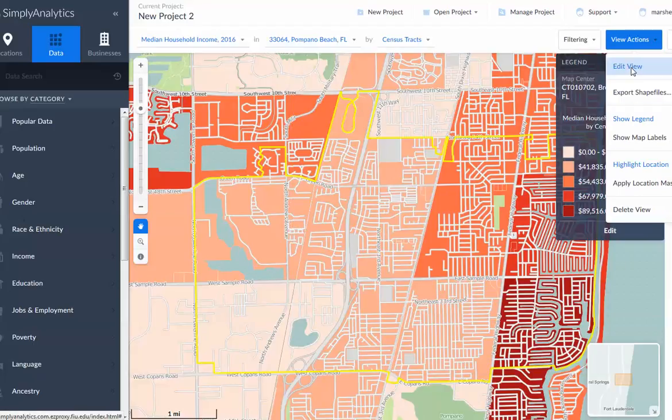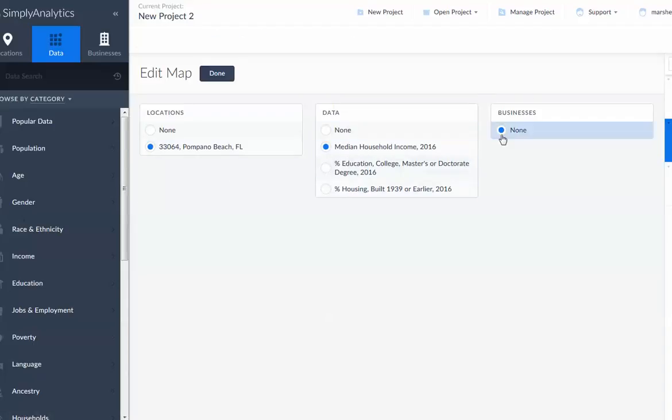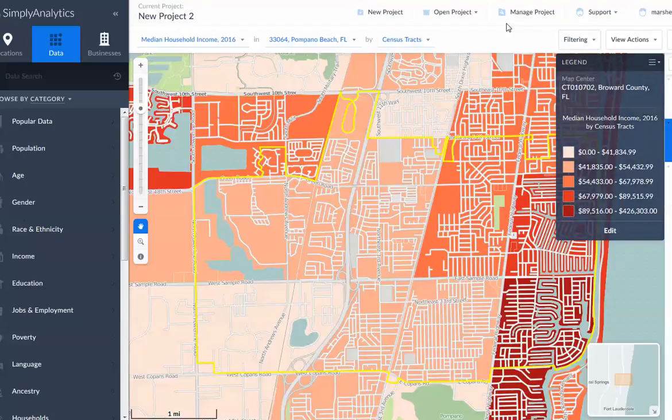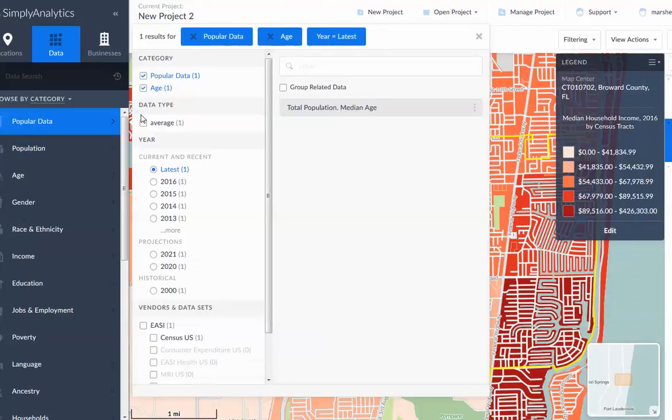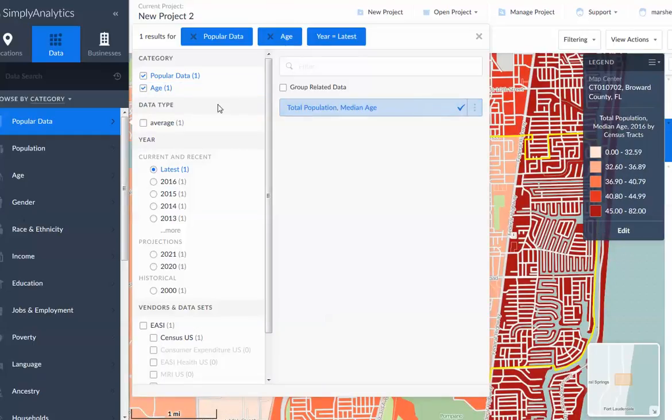And I can edit the view. So the first thing I'm going to do is add some more data to this place here. I want to look at age, whoops, okay, so age, total median population, no, I don't want to do that.